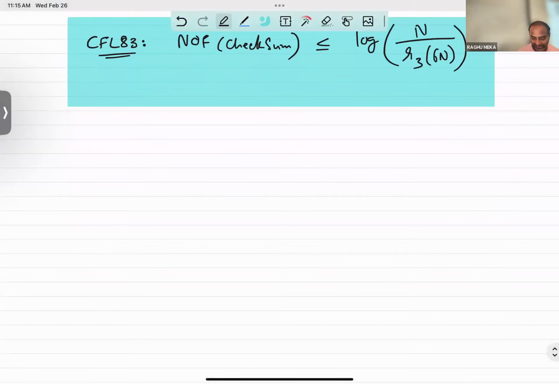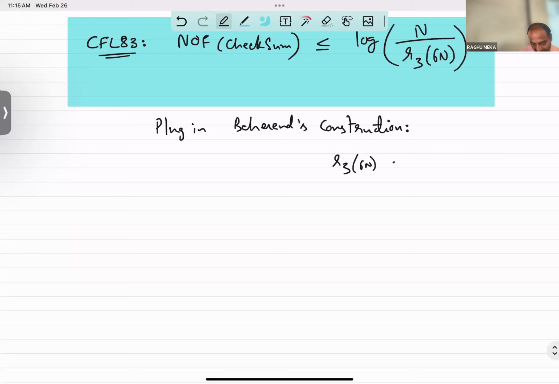Right? And if you plug in Behrend's construction, then of course R3 of 6n is roughly n over 2 to the c times root log n.